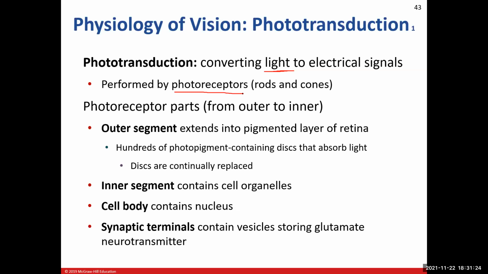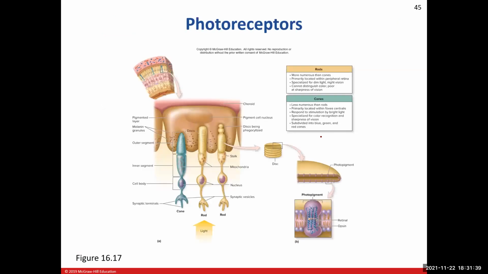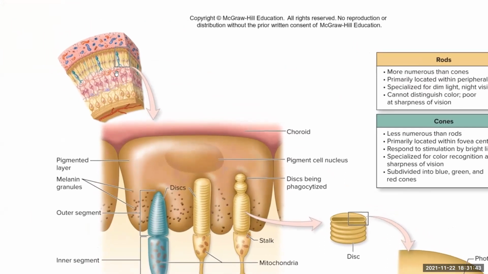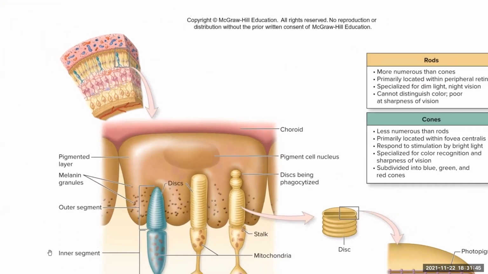So when we're looking at the outer segment, this segment of a photoreceptor is going to be embedded in what we call the pigmented layer of the retina. And I believe you should probably remember that from last week. We find our picture here. Here you can see we're looking at the retina, which I could zoom in a little bit more. The retina has two layers.